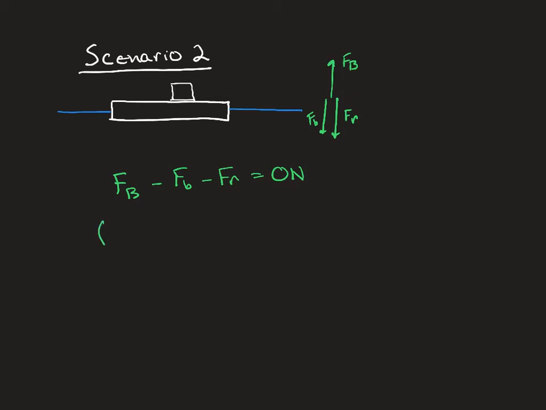Once again, I'm going to plug in for the buoyant force equation. And I can do mass of the box times g minus mass of the raft times g sums to 0.